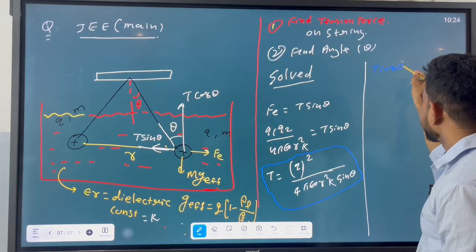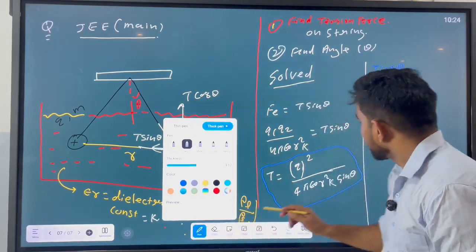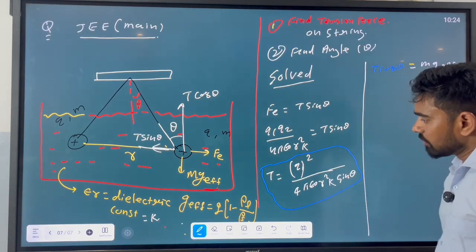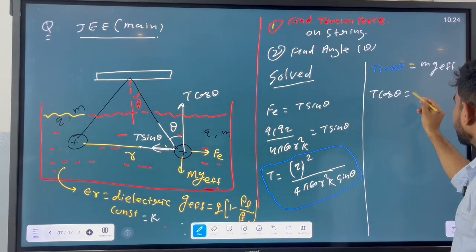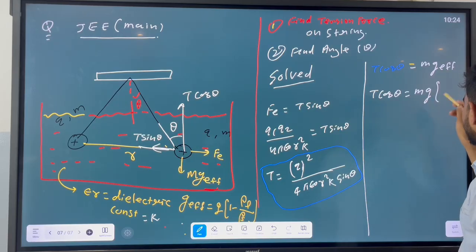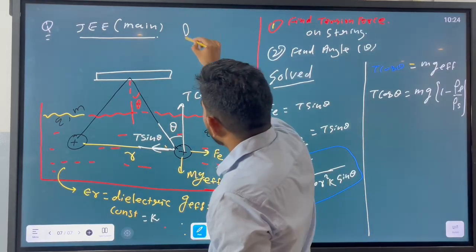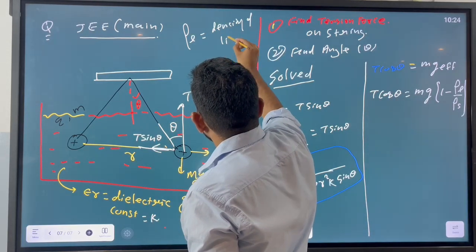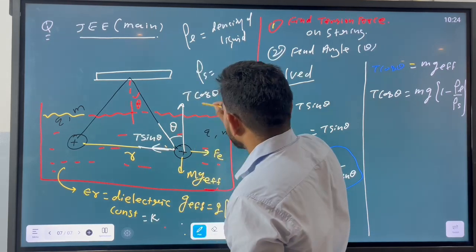T cos theta equals m times g effective, and the value of g effective equals g times (1 minus rho L divided by rho S), where rho L is the density of the liquid, meaning the density of the medium, and rho S is the density of the charged ball.